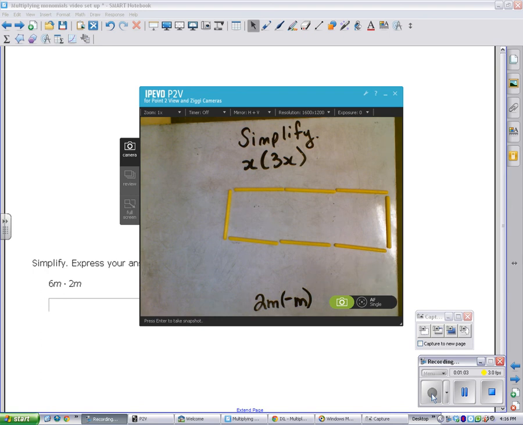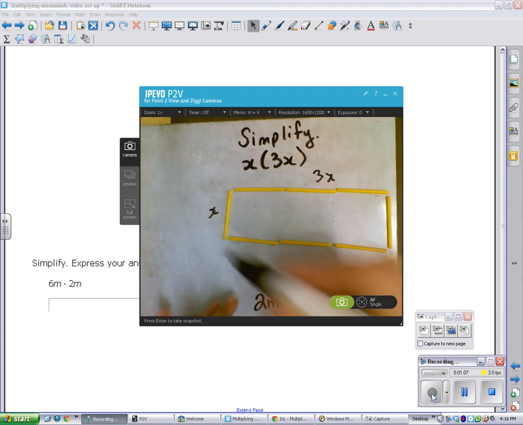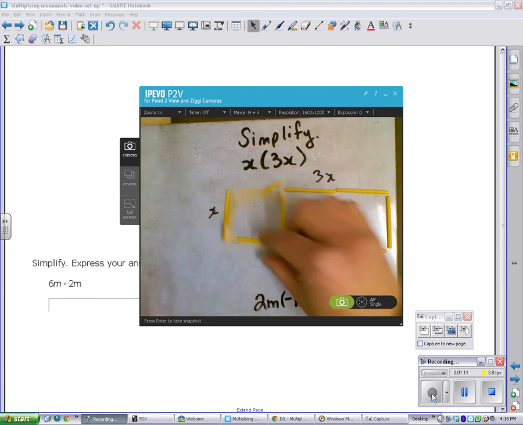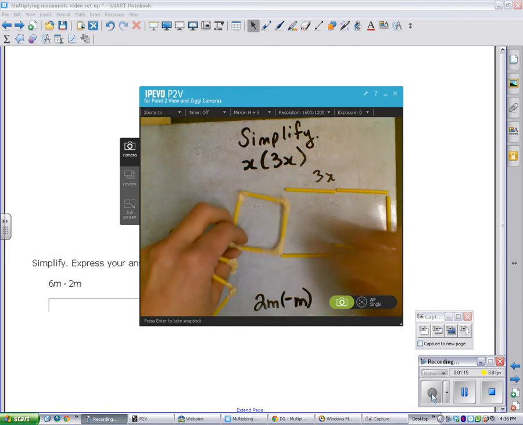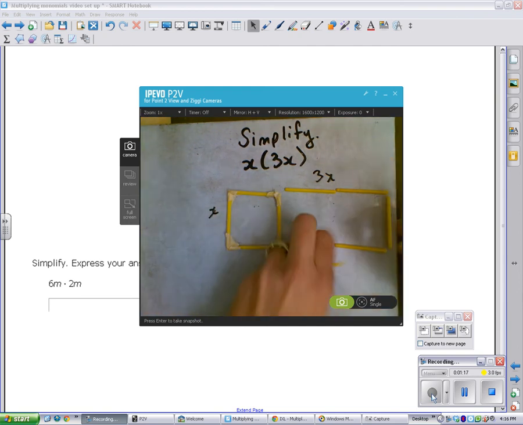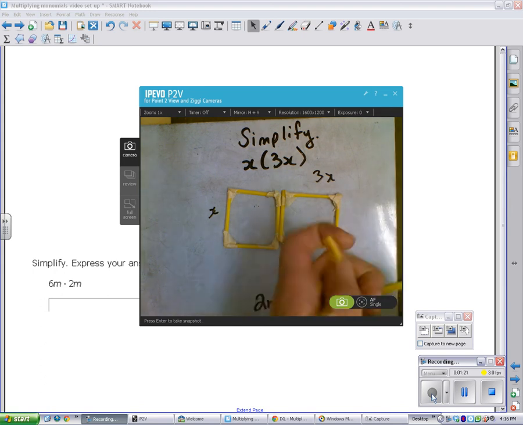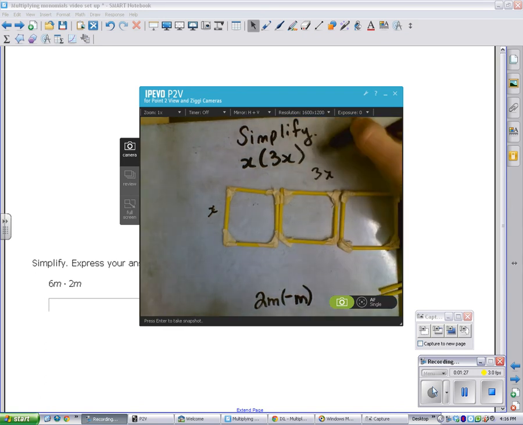So I have 3x here and I have x here, and that's really like saying 1x squared and 2x squared and 3x squared. So x times 3x gives me 3x squared.